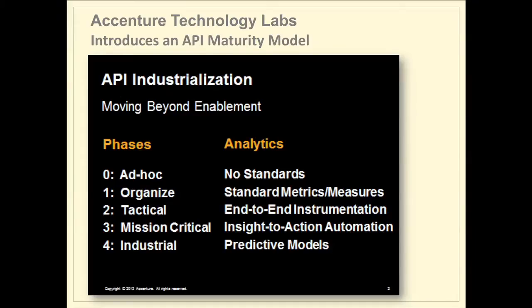Then we go to mission critical, step 3, where once mission critical systems are supported by this environment, you really need that insight to action-driven automation to help support your SLAs. Otherwise, with the API use case, part of the reason why you go is that you can uncover new use cases that you didn't anticipate before. So if it's something mission critical, you better have that capability there.